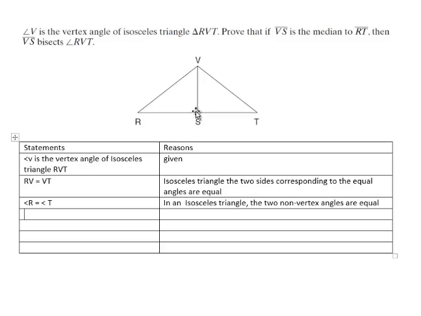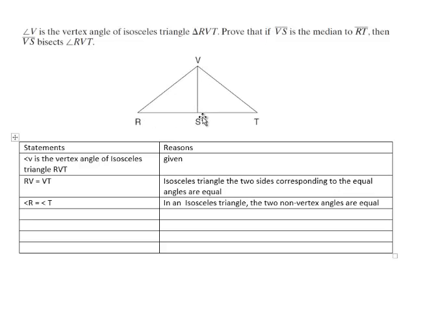Now, I don't see any particular way to get this angle and that angle, or is there? Well, if it was established that VS was perpendicular to RT, well then of course these angles would both be right angles and we'd be able to get them, but it doesn't say that. It does say that VS is the median to RT.